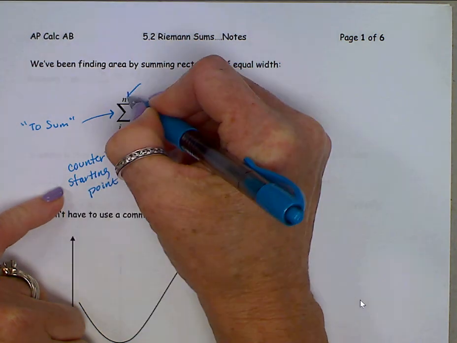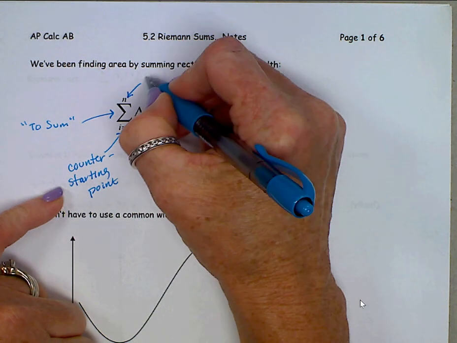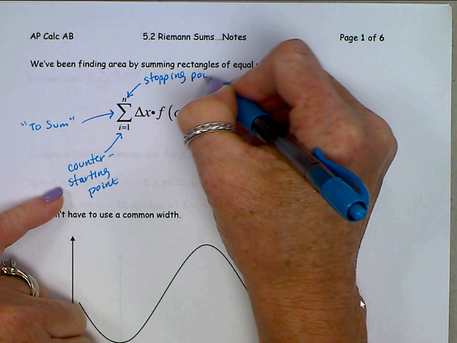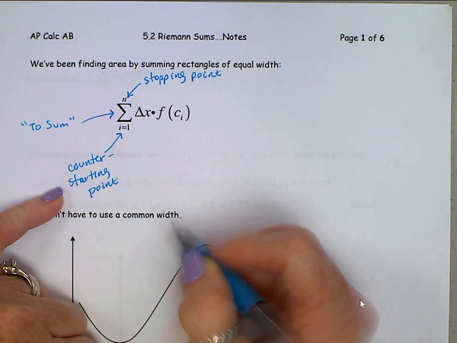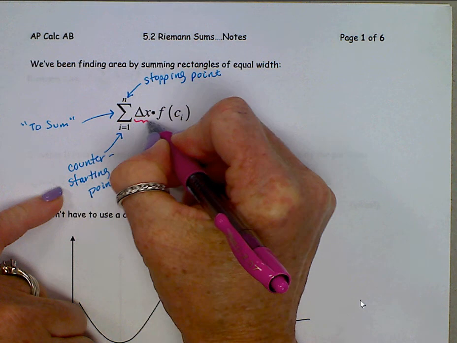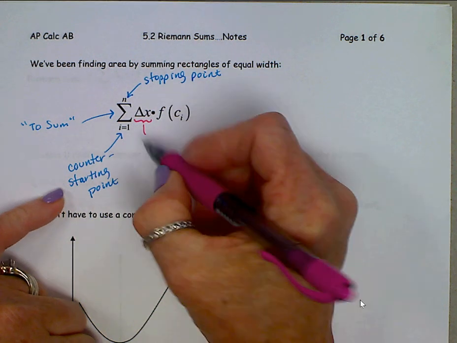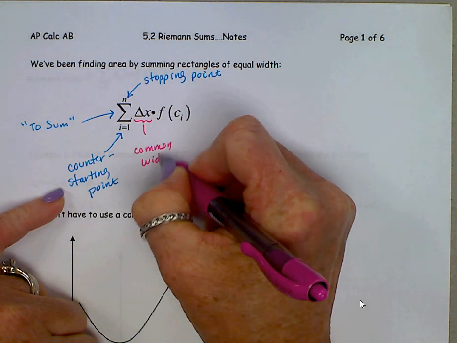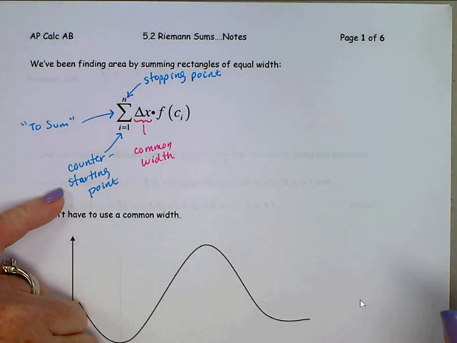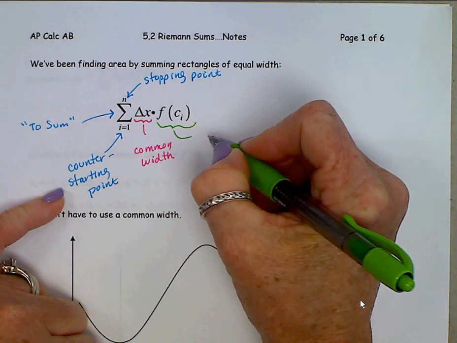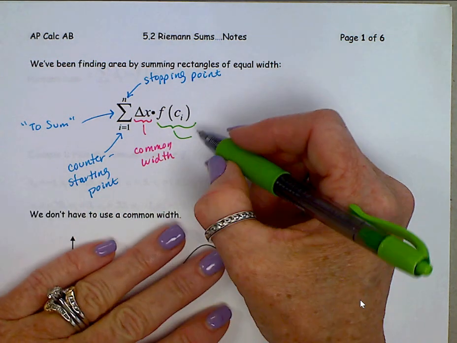This n, upper bound up here, is the stopping point. This delta x was that common width. And this f of c sub i, that is the heights of the rectangles.